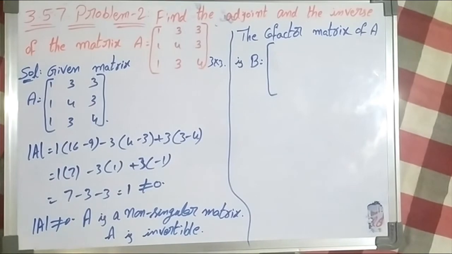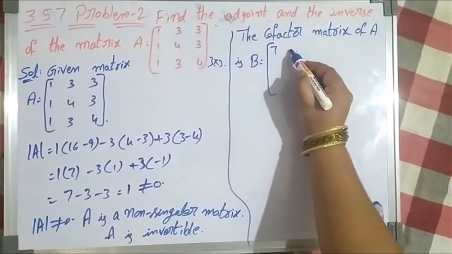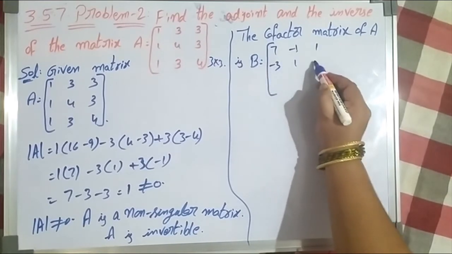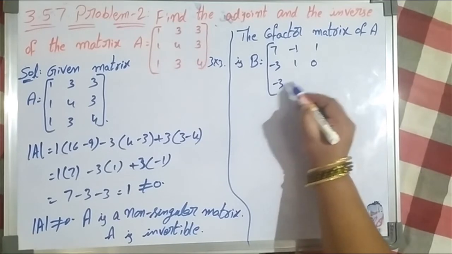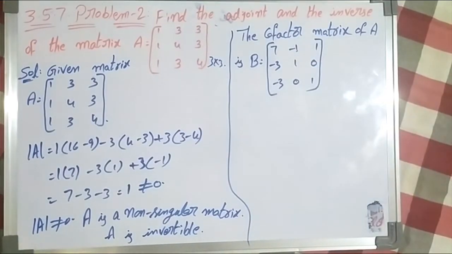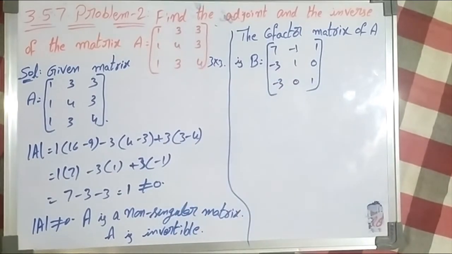For that calculation, the cofactor matrix is 7, minus 1, 1, minus 3, 1, 0, minus 3, 0, 1. This is the cofactor matrix of the given matrix A.